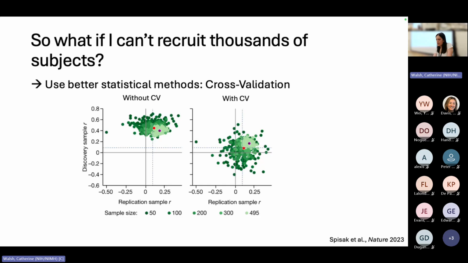When they used cross-validation, this bias is eliminated, and there are similar correlations between the behavioral and the brain measure in the replication and discovery sets. As you can see, things are more along the identity axis here. So we're doing better and less biased with cross-validation than without.